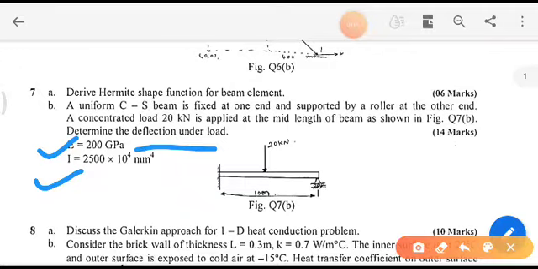So what are the deflections we need to determine here? Here if you see in this figure, one end is fixed and the other end is supported by a roller support.